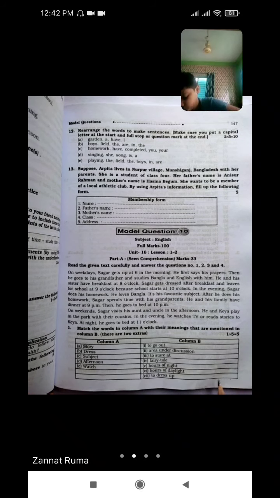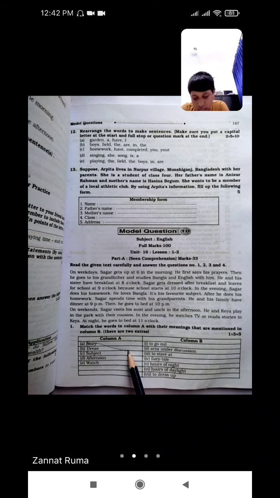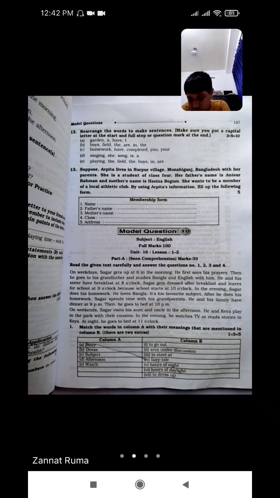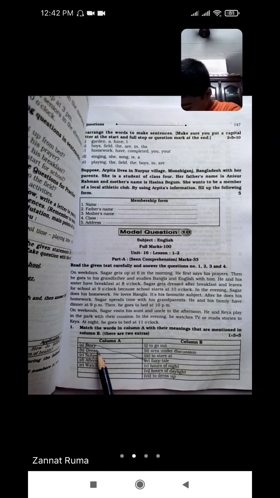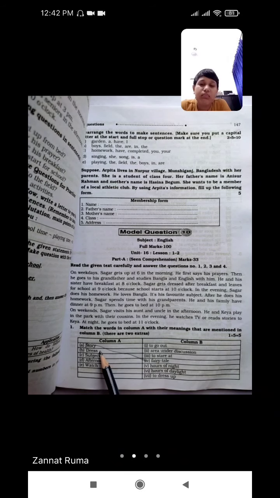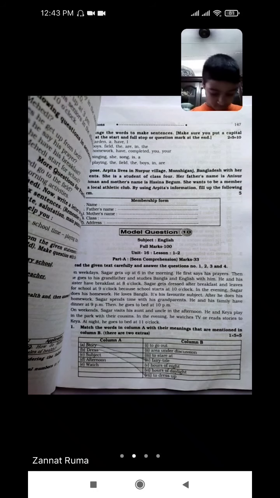Okay, A, story. Help me. Which one is the meaning of which? Fairy tale. Good. We will match here. Next, dress. To dress up. Very good. Next, subject.